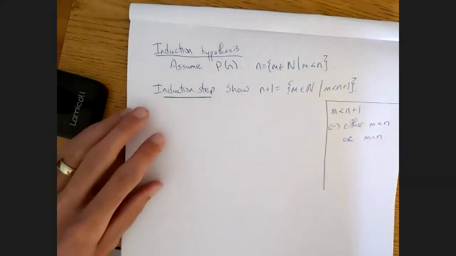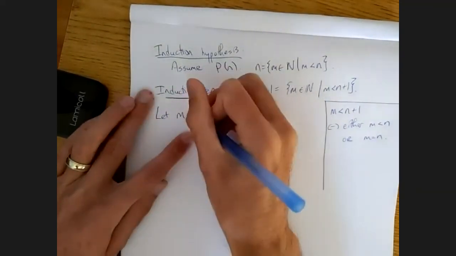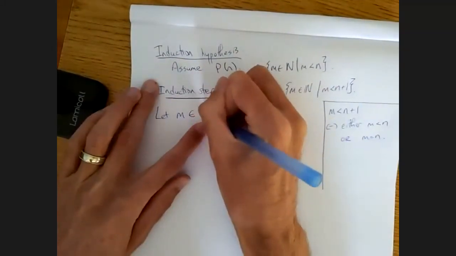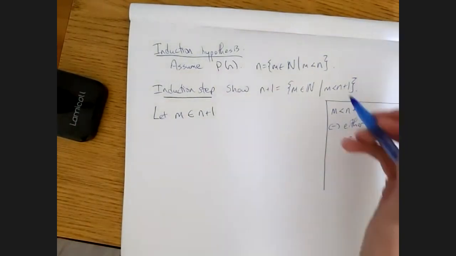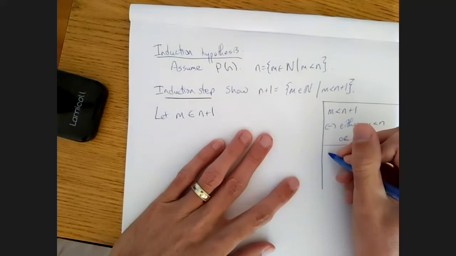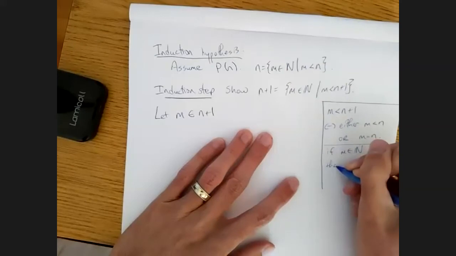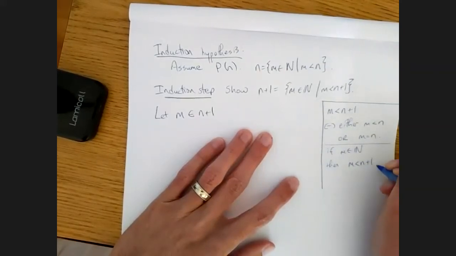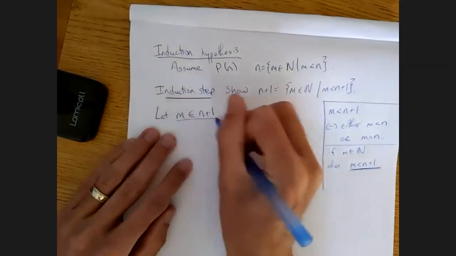Well, first of all, let m be an element of n plus 1. Let's put down some thinking. If we knew that m was a natural number, and we know that m is less than n plus 1, the definition of m being less than n plus 1 is just this symbol, right?